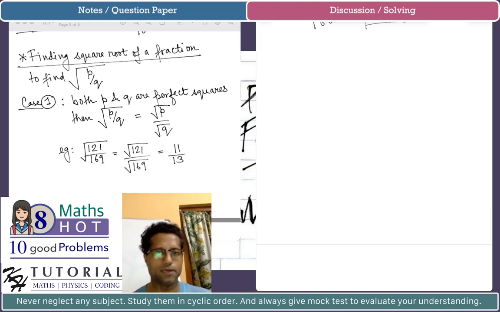So that is case number 1, when both the numerator and the denominator are already perfect squares. If they are small numbers, you can easily figure out whether it is a perfect square or not.